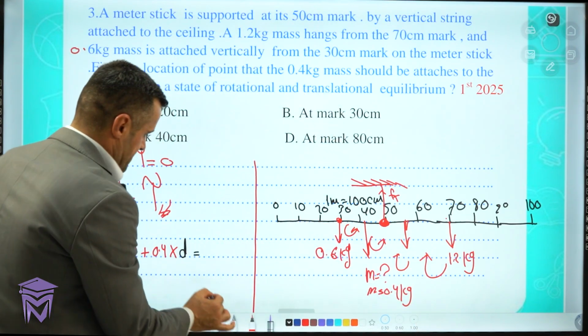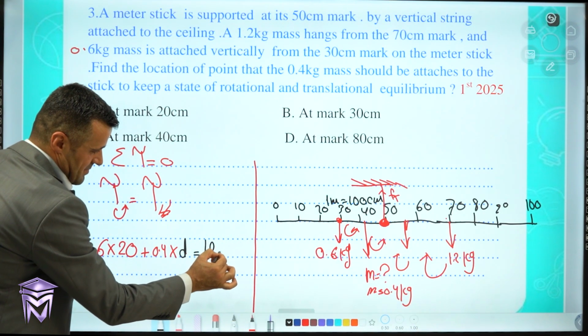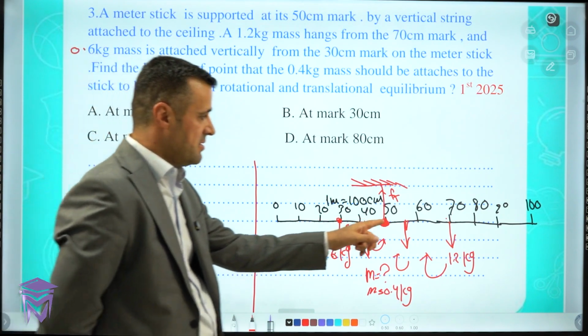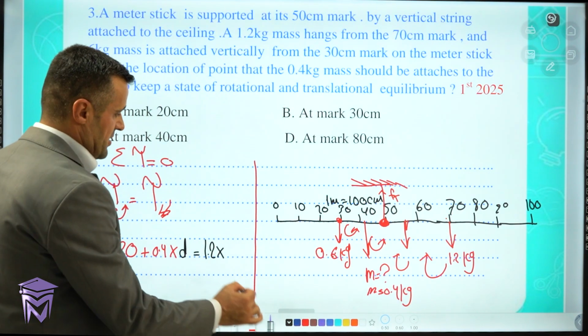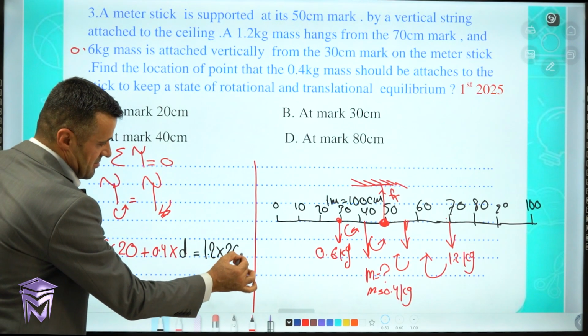1.2 kilogram times the distance between the 70 mark and the 50 mark, which is 20 centimeter.